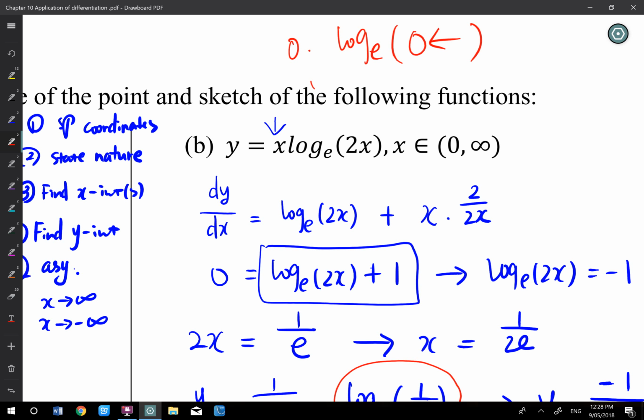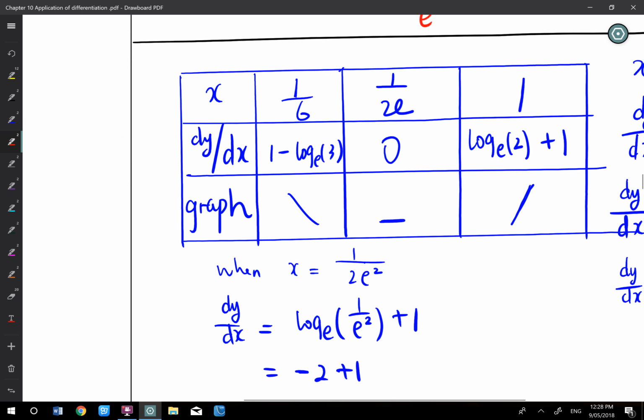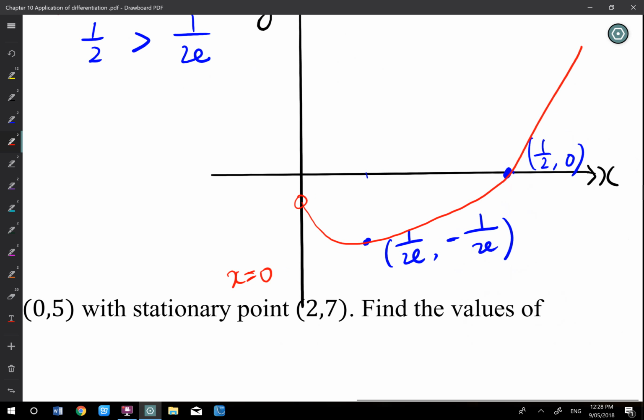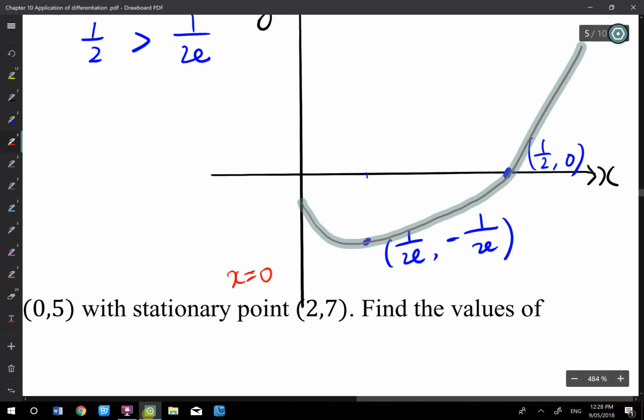That's how you say my point should be at 0, 0. There's no other value you can find. So it must be at 0, 0, because if x approaches 0, the whole equation will approach 0, regardless of how log x behaves. So we must have this graph at 0, 0.